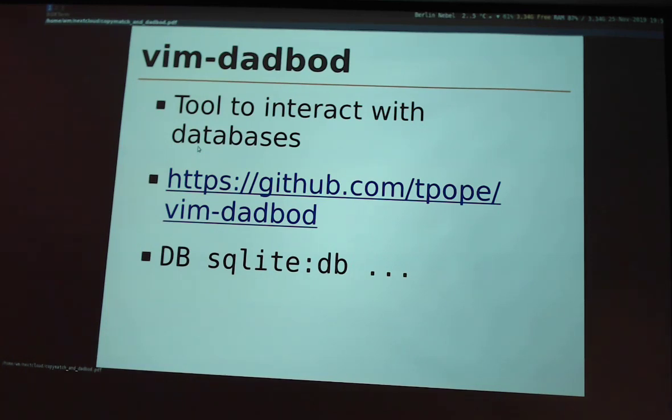It unifies and makes it easier for you to access databases. You just have to use the adapter, SQLite, MySQL, MariaDB, MongoDB, what else you have. Then you just specify the database. Of course, if you have some passwords or some access data, you can just pass them in there. And then after that, you can just run your query and have access to the database.